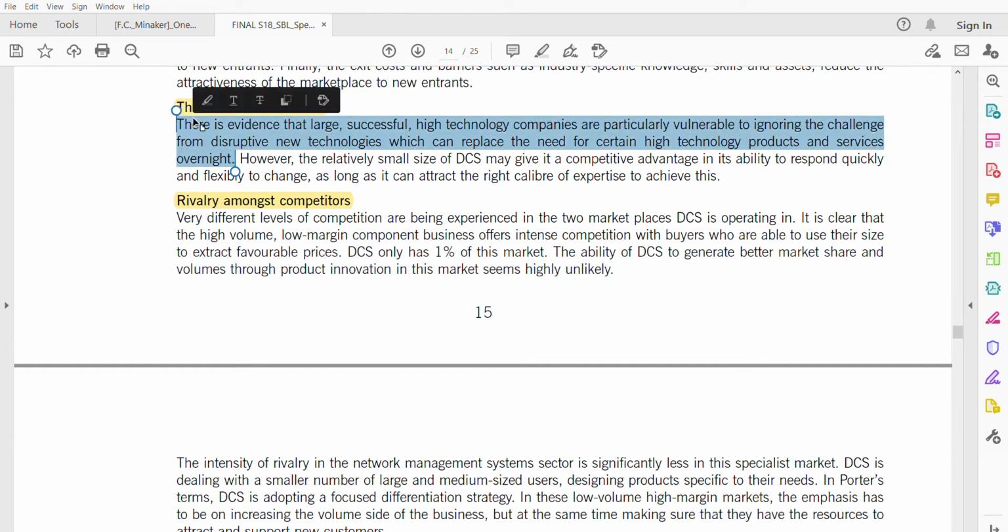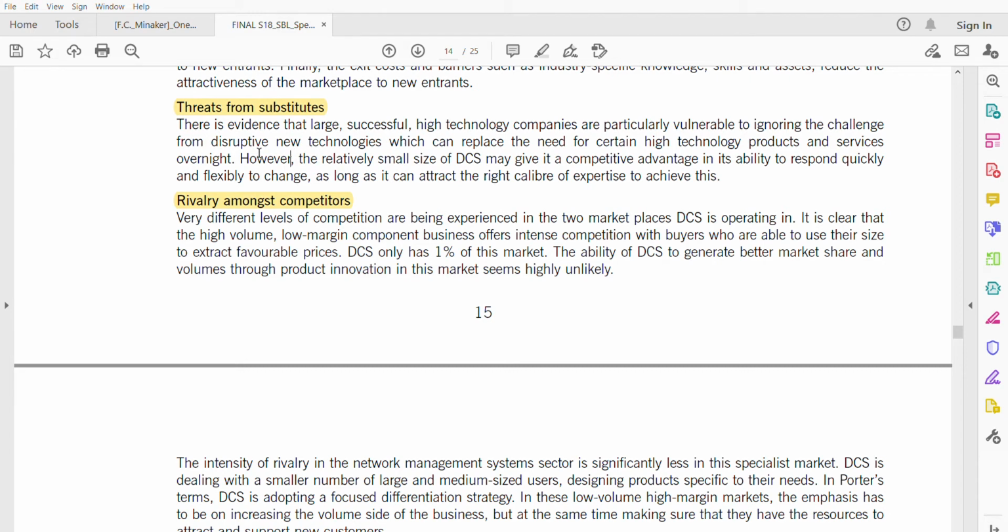Here they spoke about disruptive technologies. So that's a threat. In the technology industry, one disruptive new technology can replace the established ones overnight. Overnight. And you must have heard of many such examples, right?